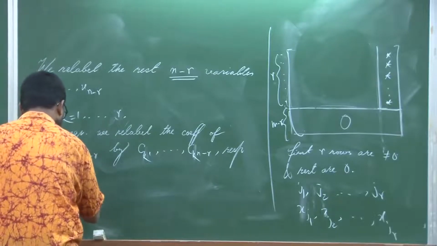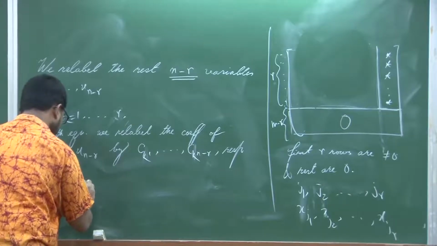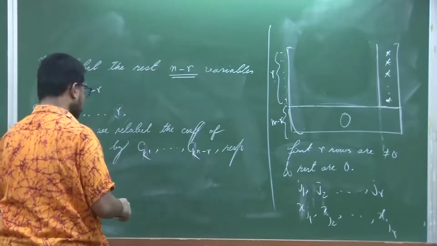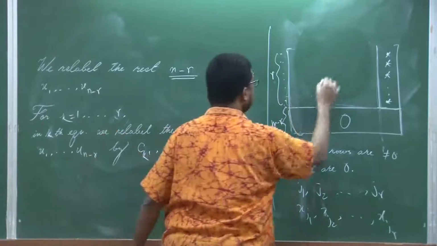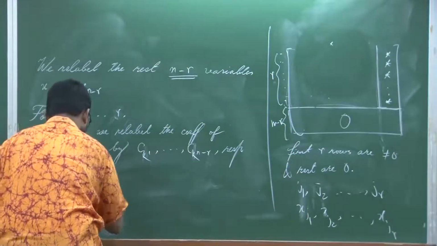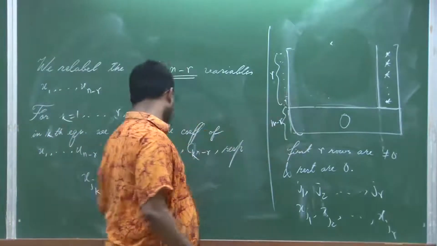The kth equation first starts with the variable xjk, because the kth equation has its pivot at the jkth column, and any entry before that is 0.